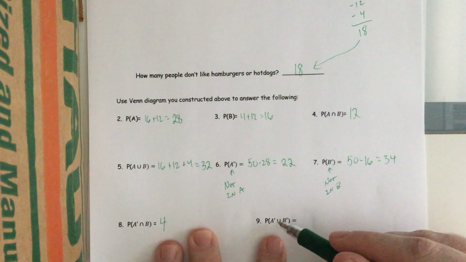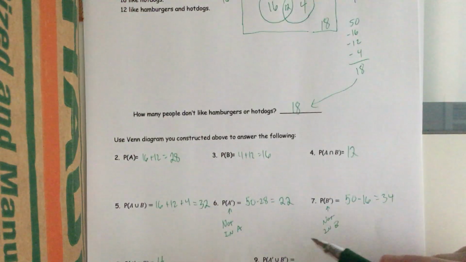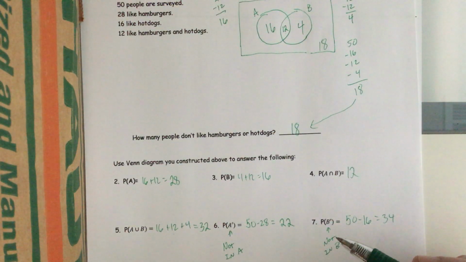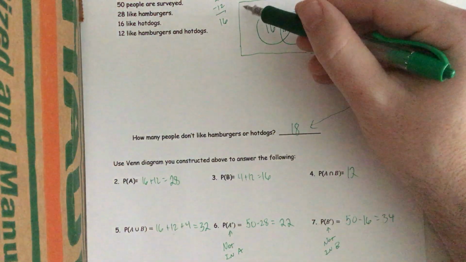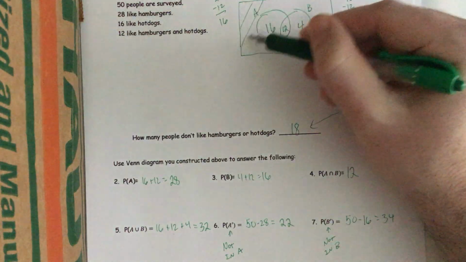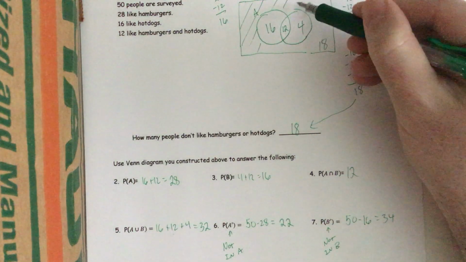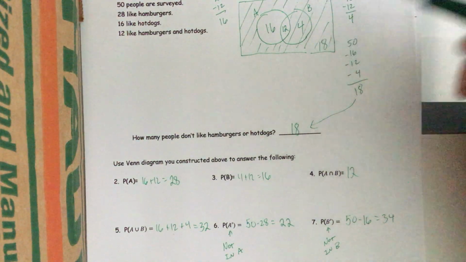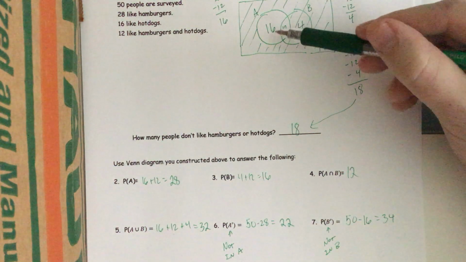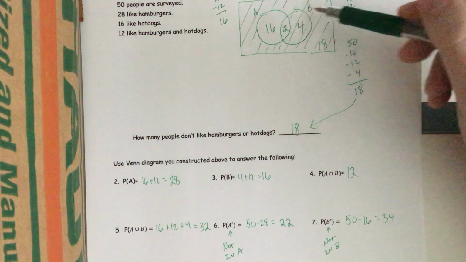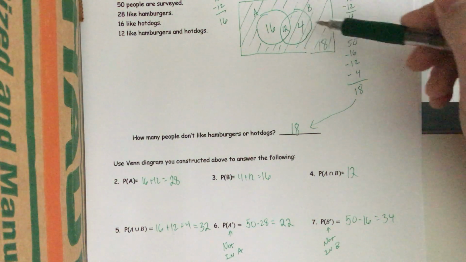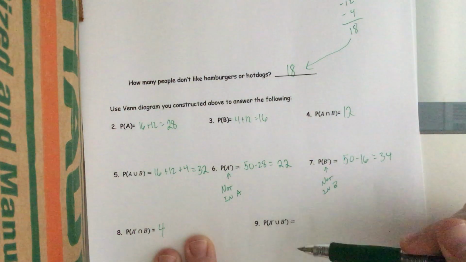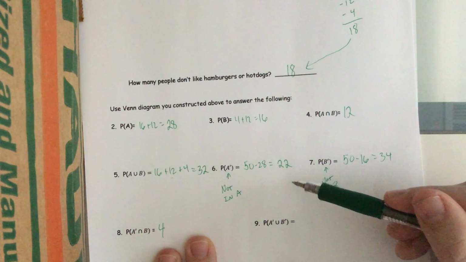So all the people not in A, I'm going to go up and finally draw on my picture here. So all the people not in A would be all these right here. So notice I didn't include the 16 and the 12 because there are 22 people not in A, and we already wrote that down here on number 6.